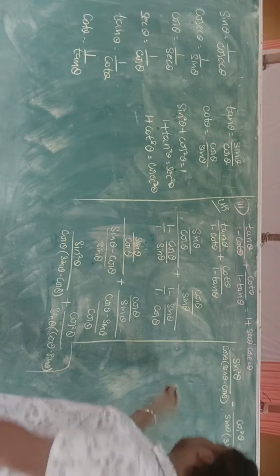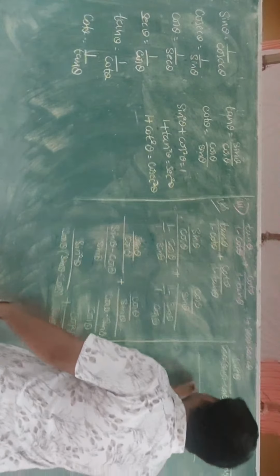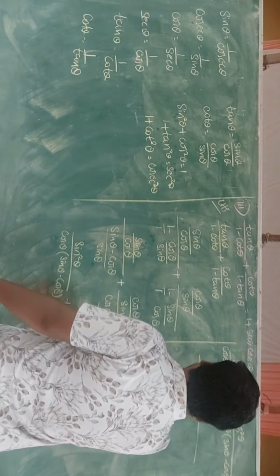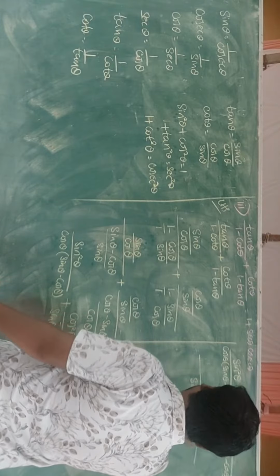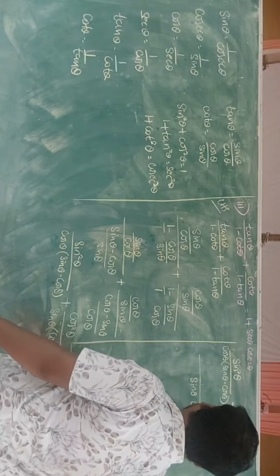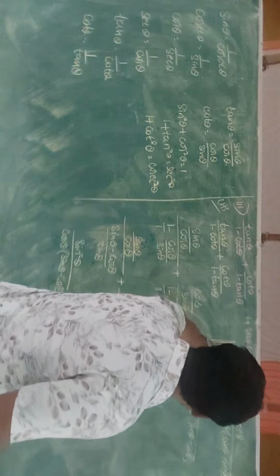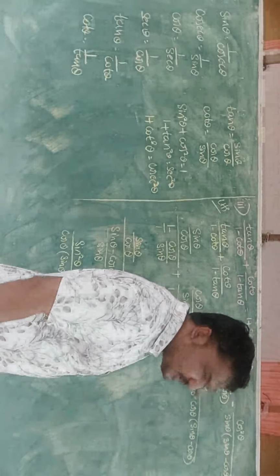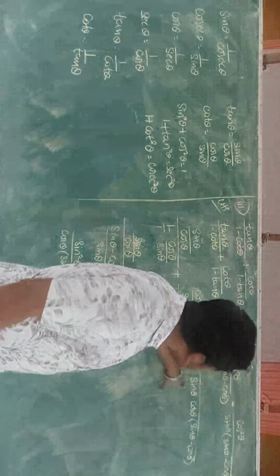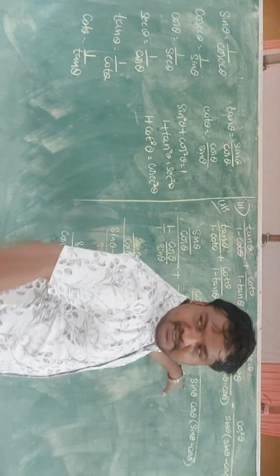So now we can take LCM. LCM is sin theta into cos theta into sin theta minus cos theta. Already here cos theta into sin theta minus cos theta is there, so we need to multiply with sin theta. Am I right? Yes.